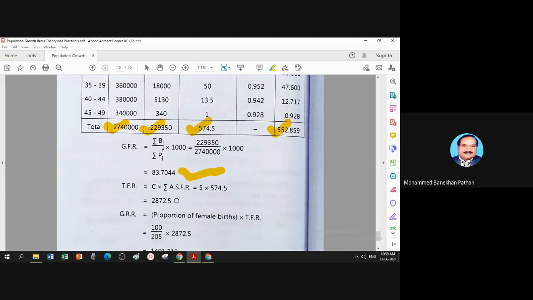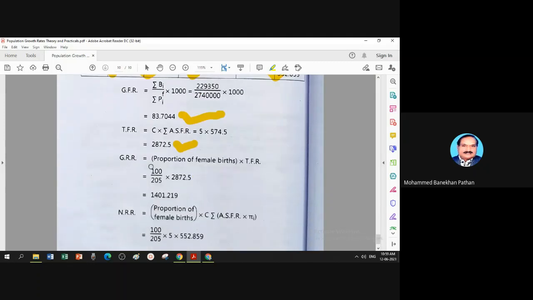So it is the total fertility rate. GRR is the proportion of female birth multiplied by TFR.